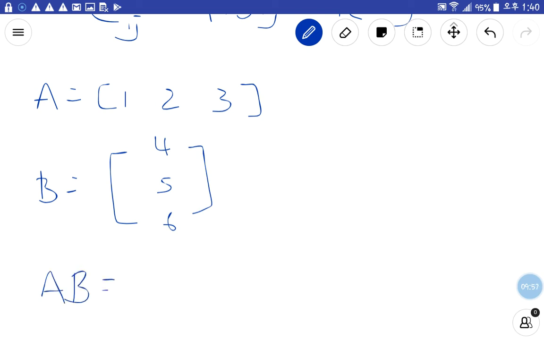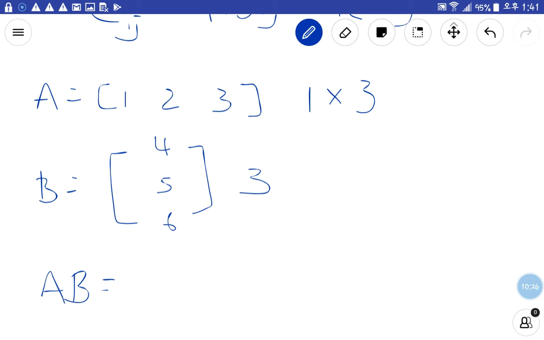Okay, so what do we need to do first? First step, we have to check the order of the matrices. What is the order of matrix A? How many rows do we have? 1 row. How many columns? 1, 2, 3 numbers, so 1 by 3, that's A. What about B? I have 3 rows, but how many columns?